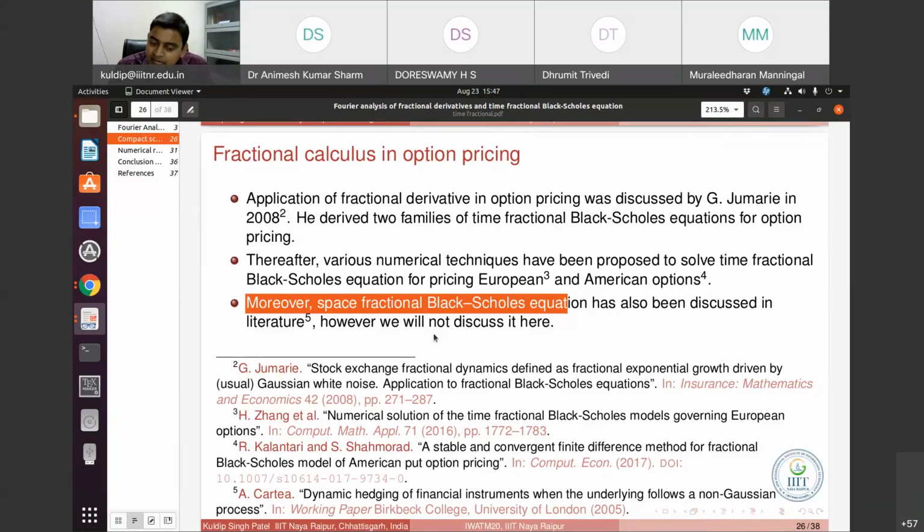Again, the answer is the same, that it is non-local, so it acquires information from the past while defining the fractional derivatives. I'm not aware of very recent literature, but till the past year I was working in this. So the claim is that whatever the Black-Scholes PDE cannot capture from the modeling can be captured using this fractional derivative.